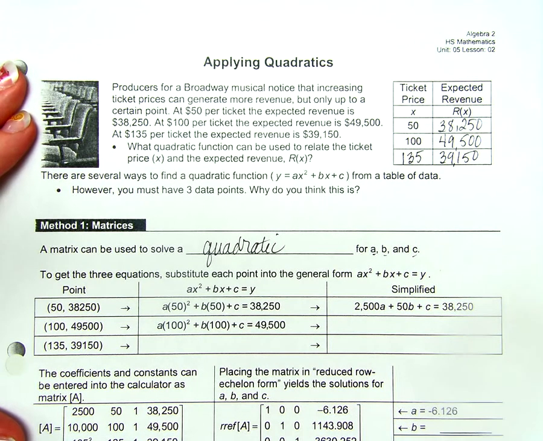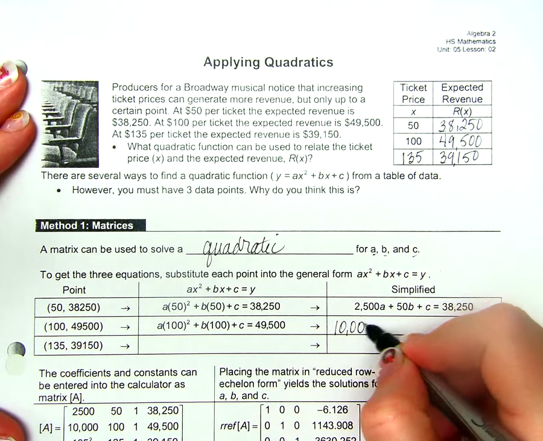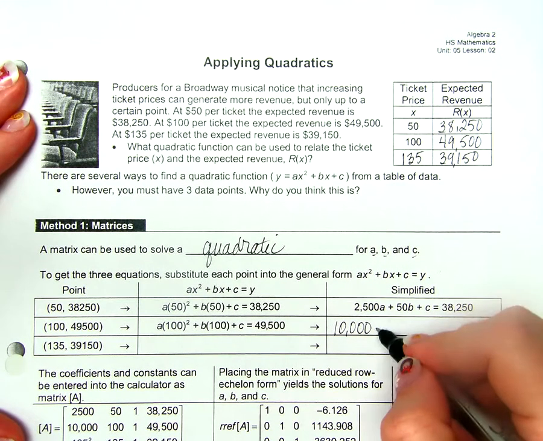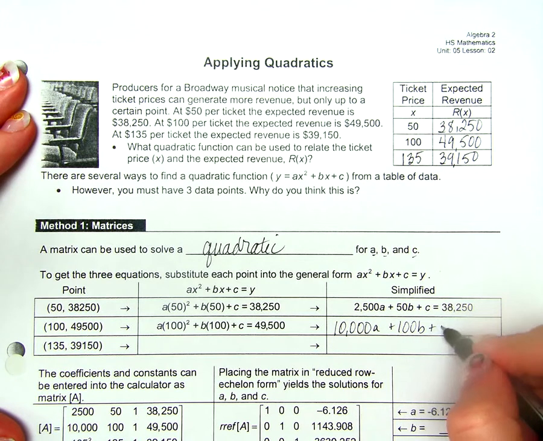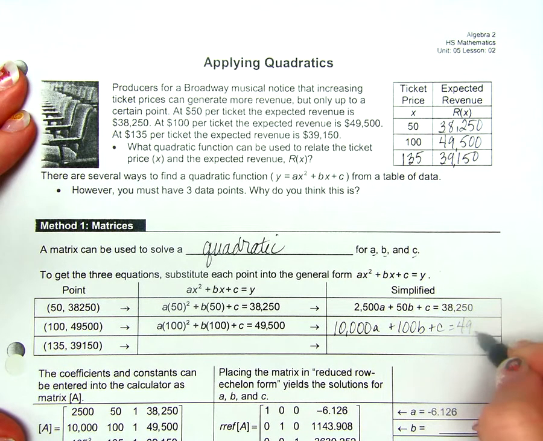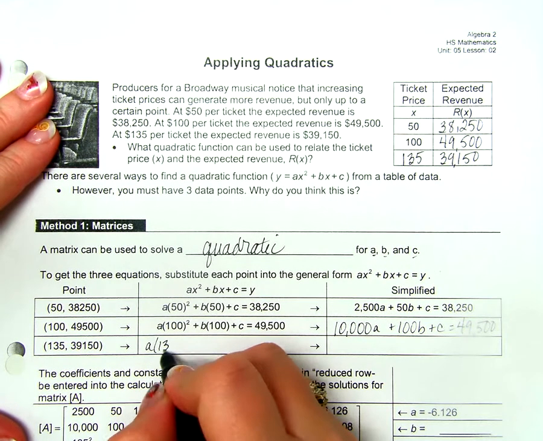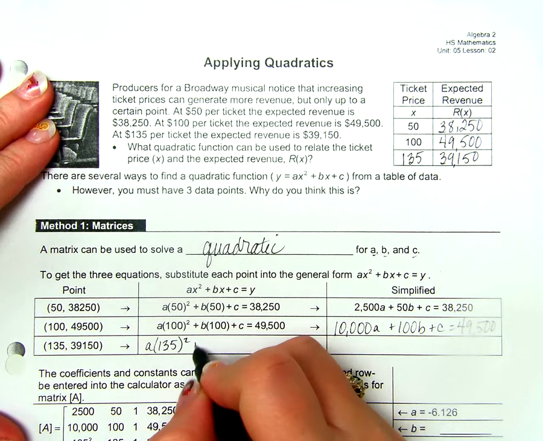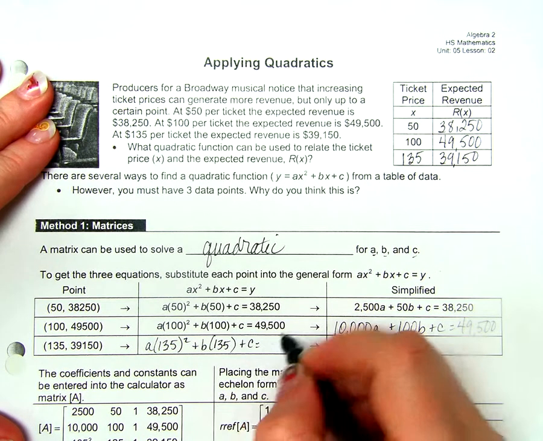The simplified version of that is 10,000A, because 100 squared is 10,000, plus 100B plus C is 49,500.